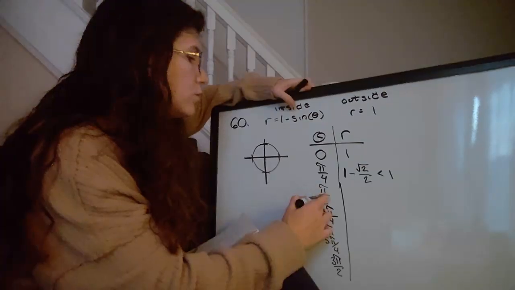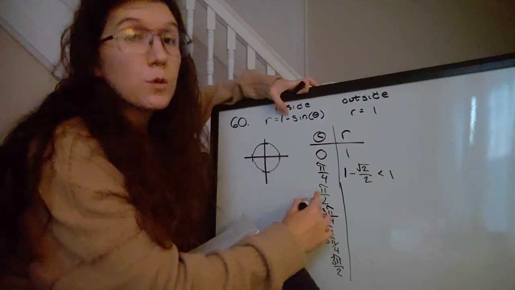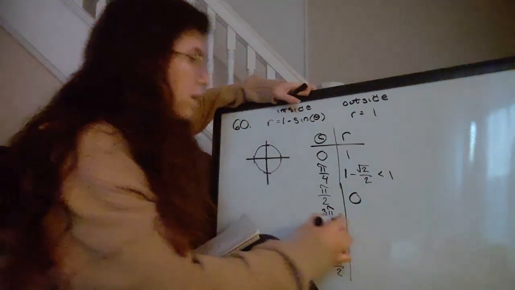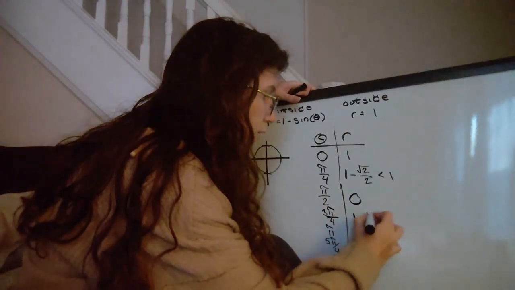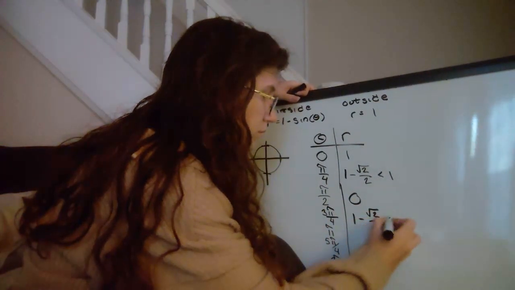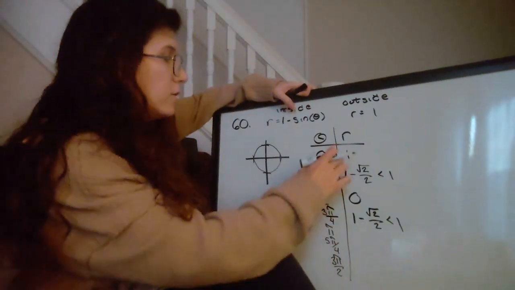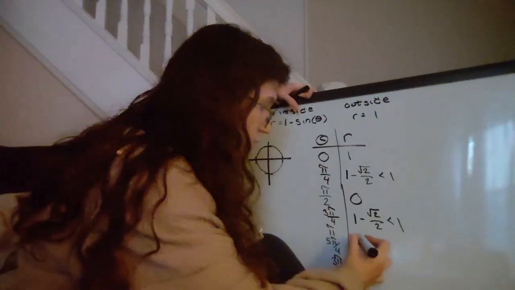Then pi over 2, sine is 1, but 1 minus 1 is going to be 0. And then 3 pi over 4 is going to be the same answer as pi over 4, less than 1. And then at pi, we have our same answer because our sine is going to be 0, so 1 minus 0 is 1.